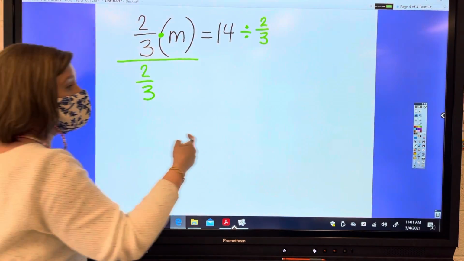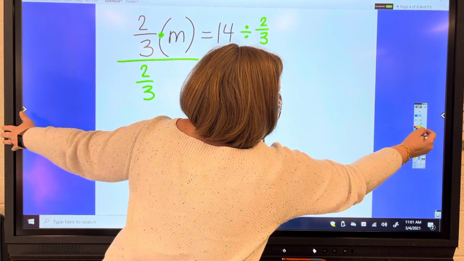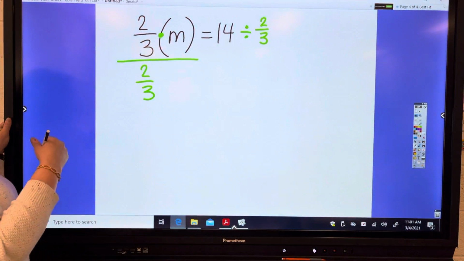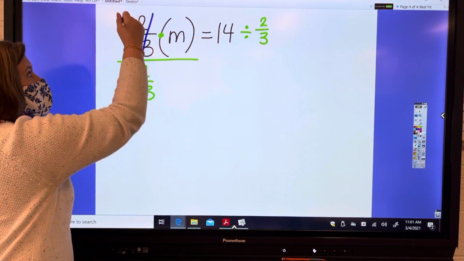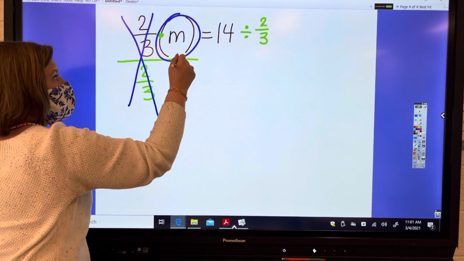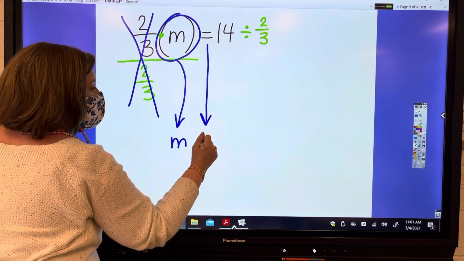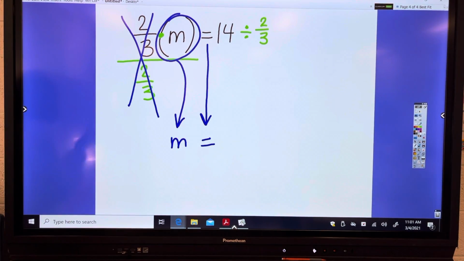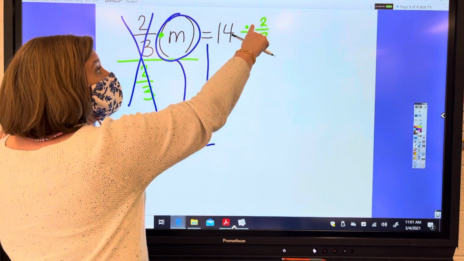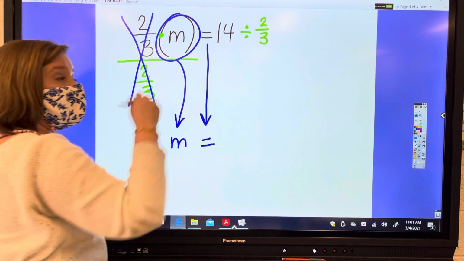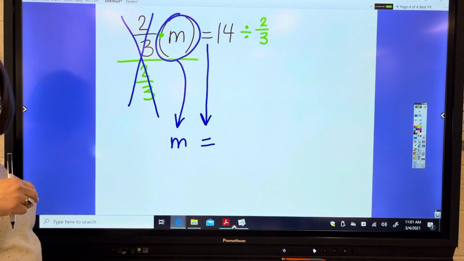On the left, what happens to my 2/3 and 2/3? They cancel out, and I'm left with m and equals, which is what I want, because I'm trying to figure out what m stands for. Now, we've got 14 divided by 2/3. Have we done division of fractions before today?